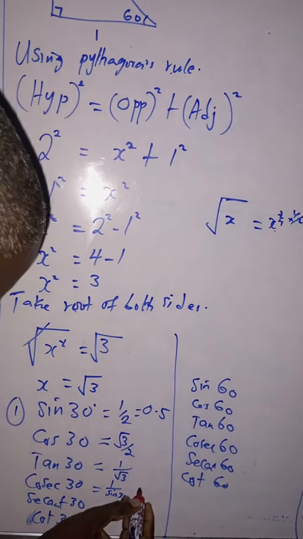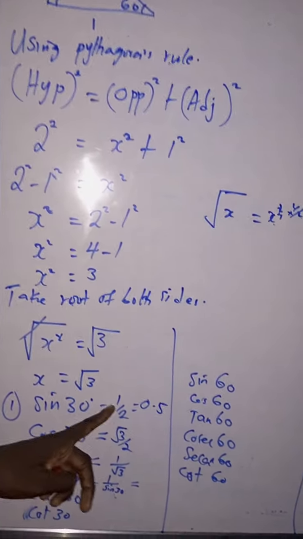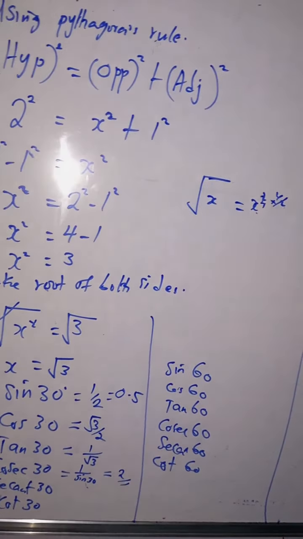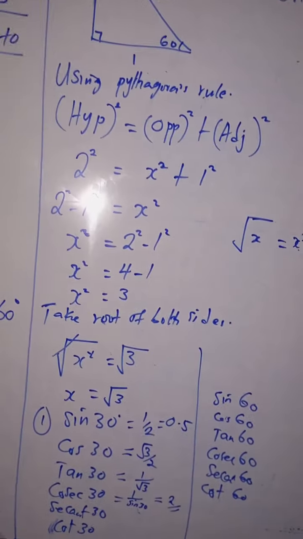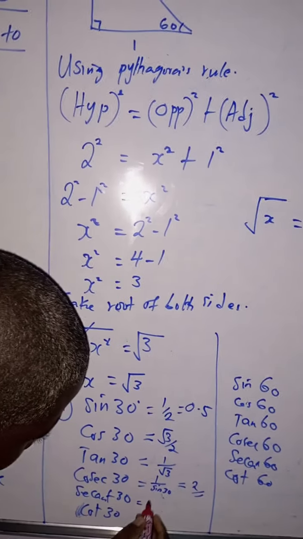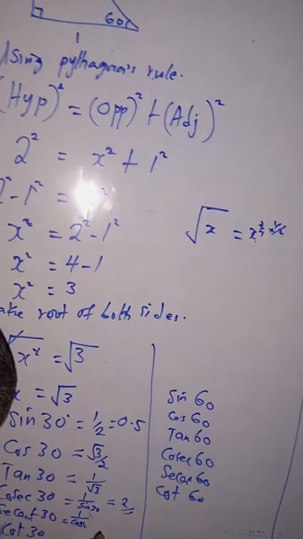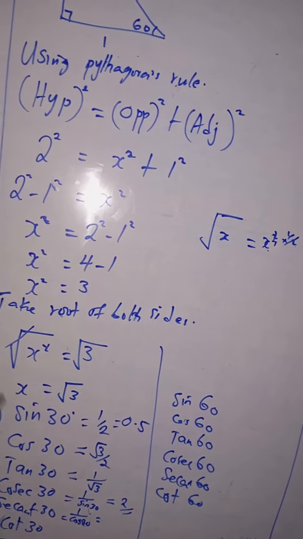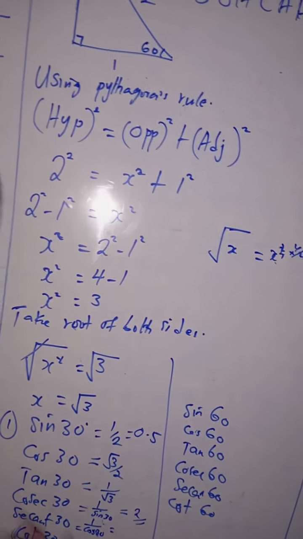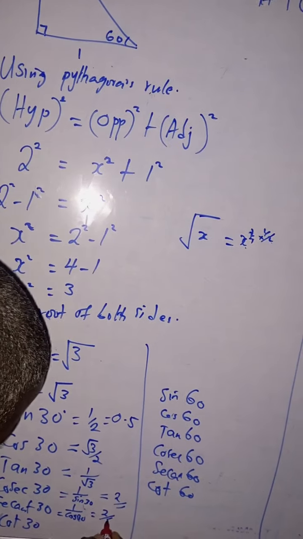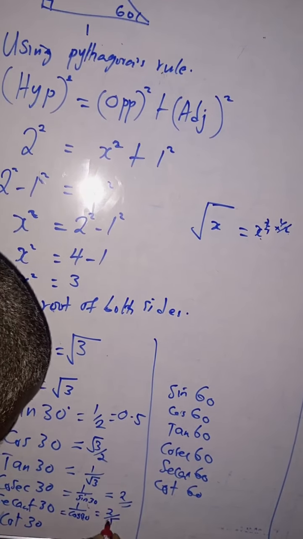So if we reciprocate this half, it will give us 2. Secant is 1 over cos theta, which is cos 30, and we just reciprocate cos 30, which will be 2 over root 3.